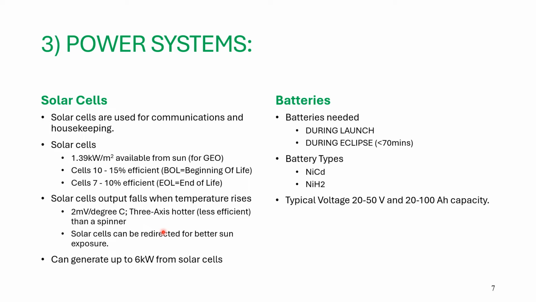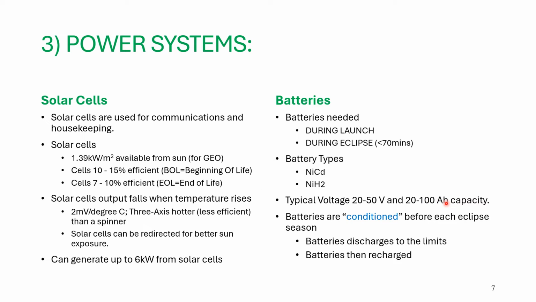We have also typical voltage generated between 20 and 50 volts, and the capacity 20 to 100 ampere hour. Remember that ampere hour is a unit of energy. It's not a unit of current. Okay, it's not a unit of power, it's a unit of energy.